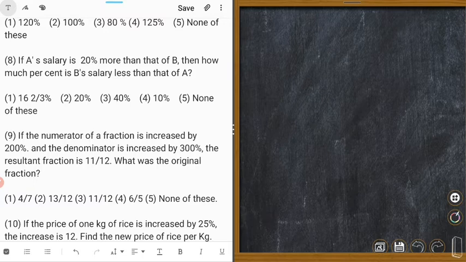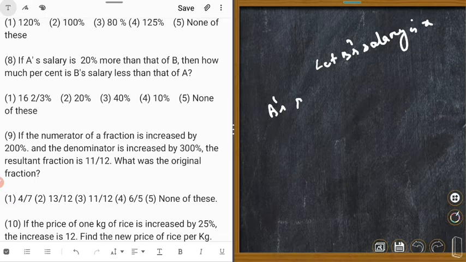So let B's salary be X, right? And A's salary is 20% more, which means 120x upon 100. Could you understand?